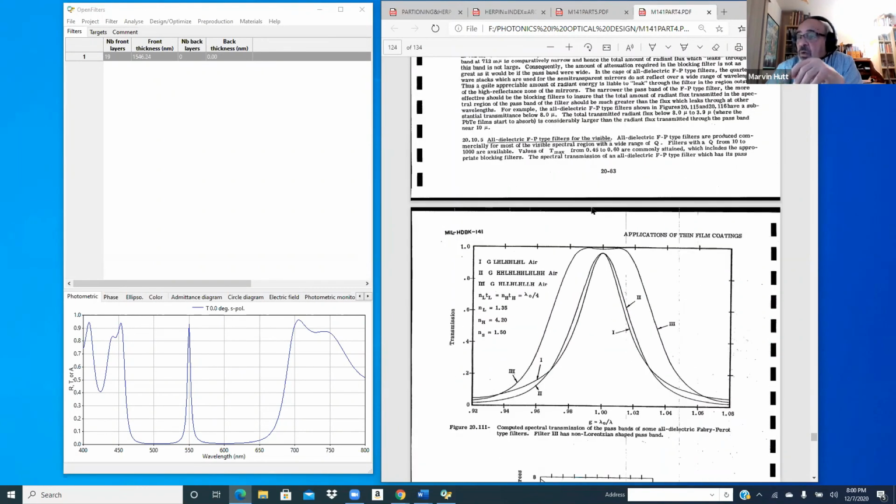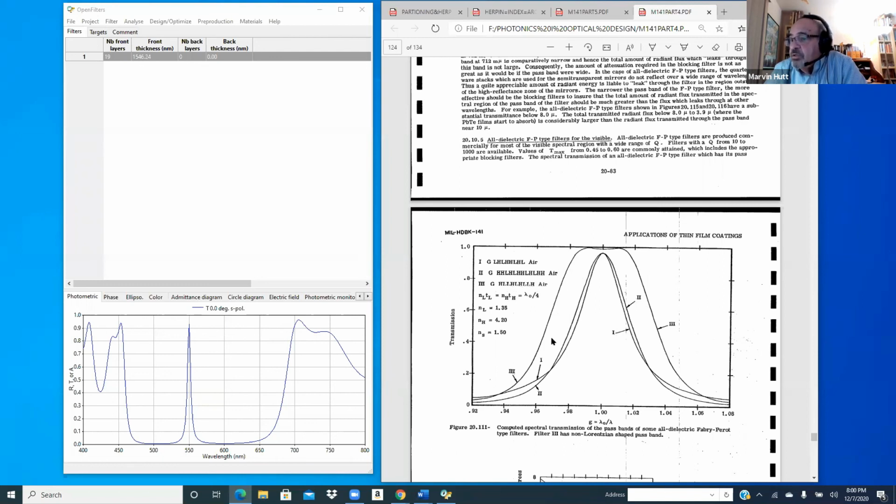Now, if we get 2-layer filters, we can end up with this. This first film is 1 high. This one is a half, and another half. Number 2. Number 3 is LL high, low, LL high, so that it is a better passband than this. You want this passband rather than this singular passband.